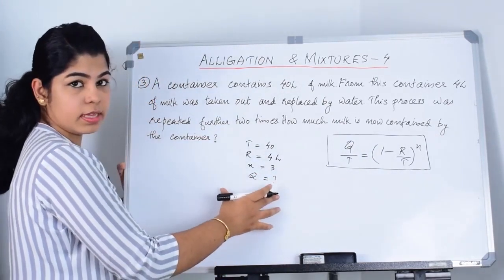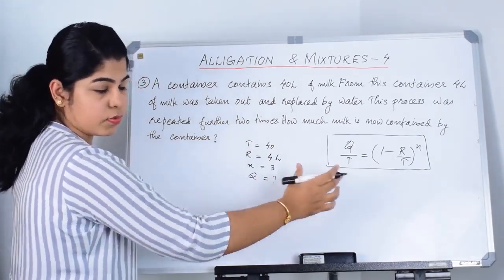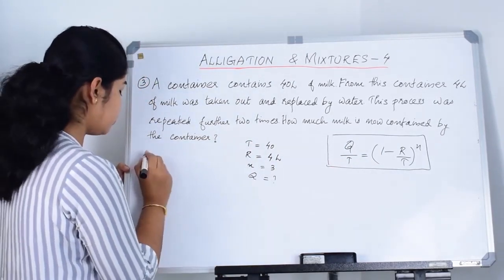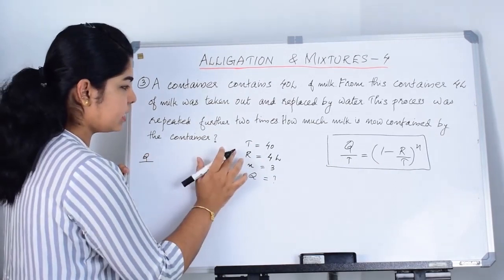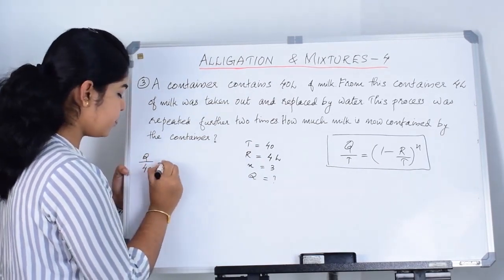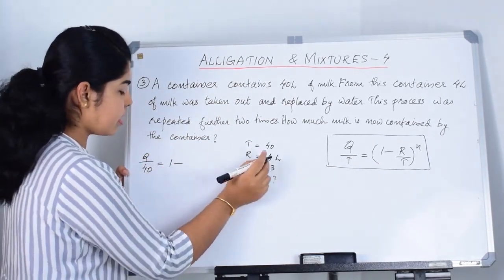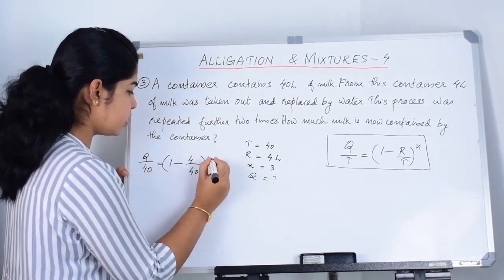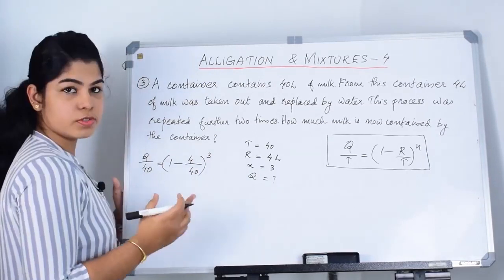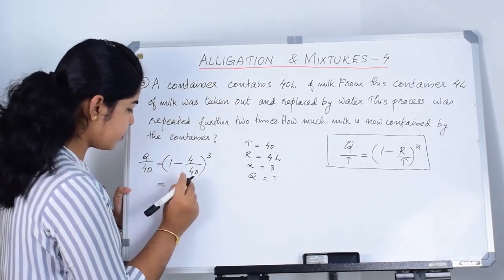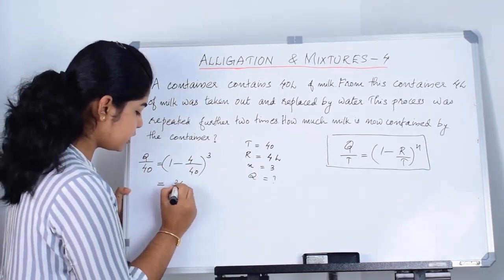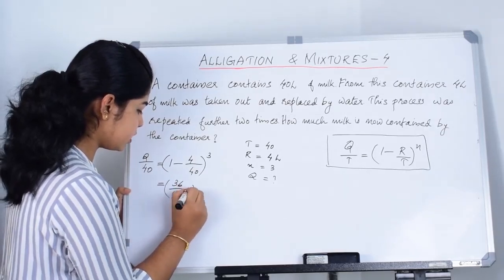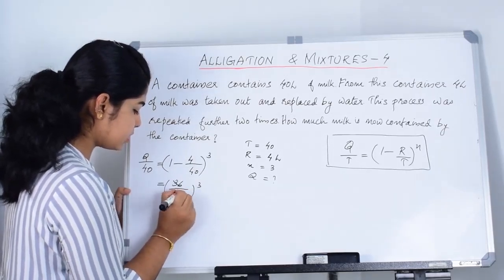So we can solve this question with the given formula, that is Q by T, T is 40, is equal to (1 minus R by T) whole raised to N, where R is 4, T is 40, and N is 3. So in the next step, it is equal to (40 minus 4) 36 by 40 whole raised to 3, and this can be cancelled with 4.